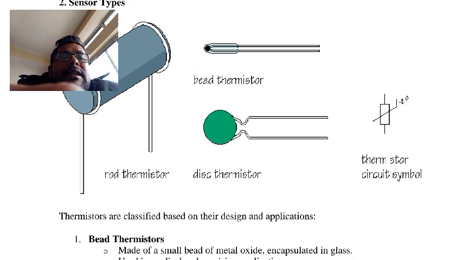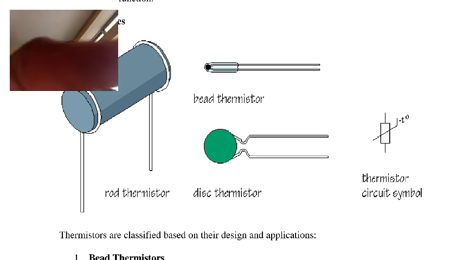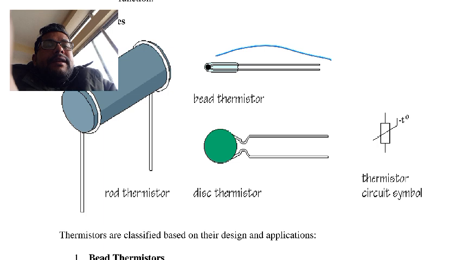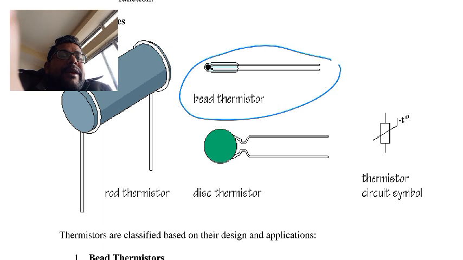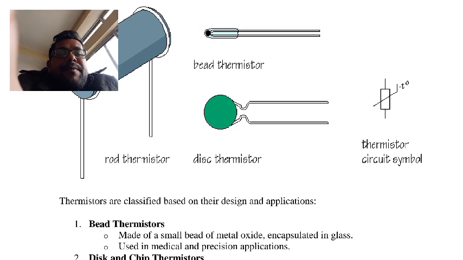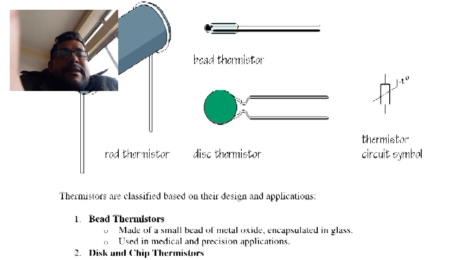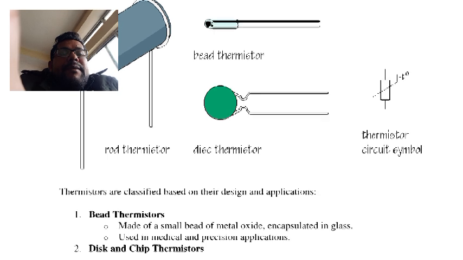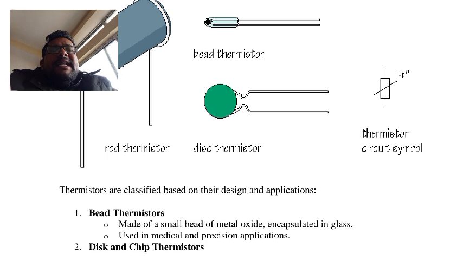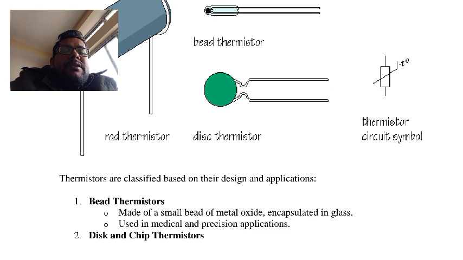This is the bead thermistor. Bead thermistors are made from a small bead of metal oxide, encapsulated in glass, used in medical and precision applications. For very precise temperature measurement, we can use this.